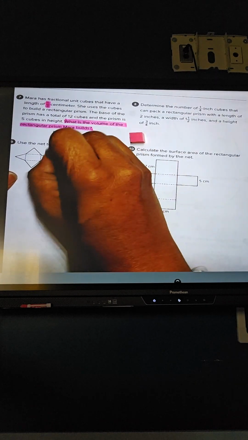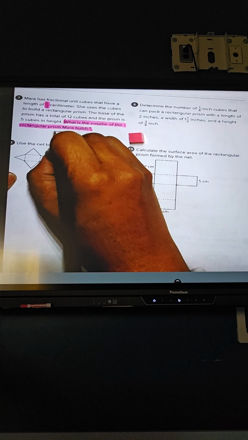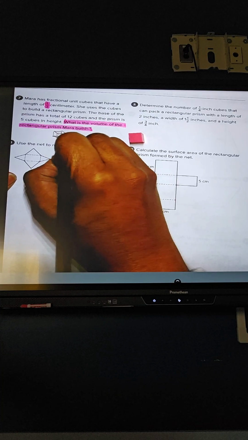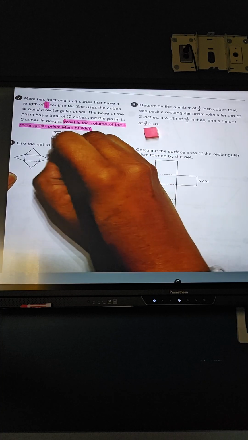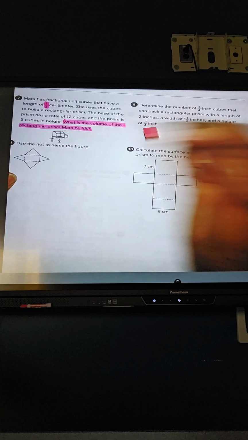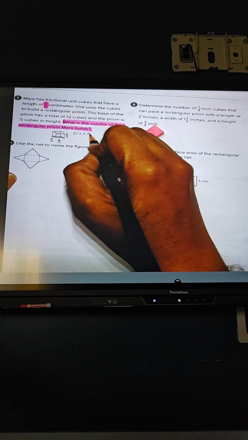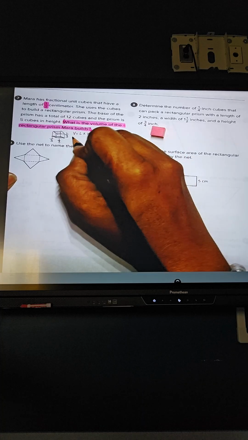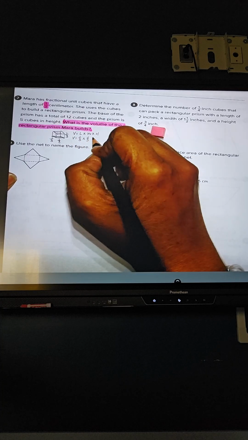So if I draw out my cube, it's 1/3 length, 1/3 width, 1/3 height. And we know volume equals length times width times height. Volume equals 1/3 times 1/3 times 1/3.